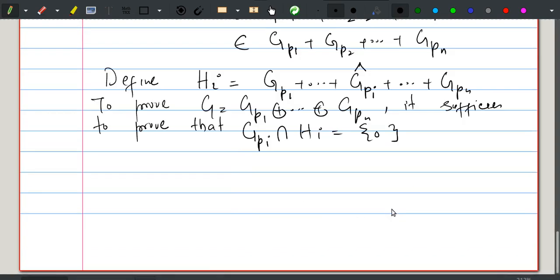Now to prove this is 0, let x belong to this intersection.